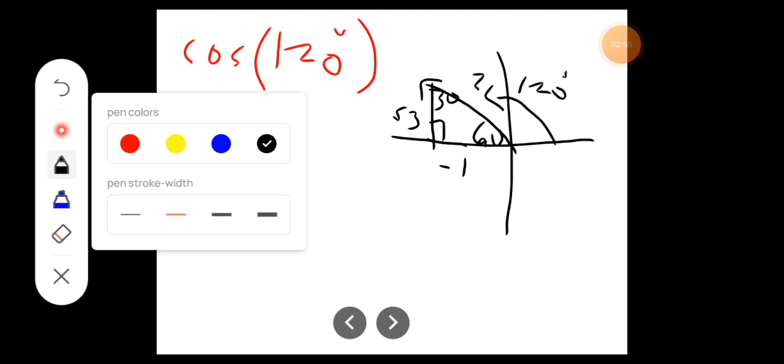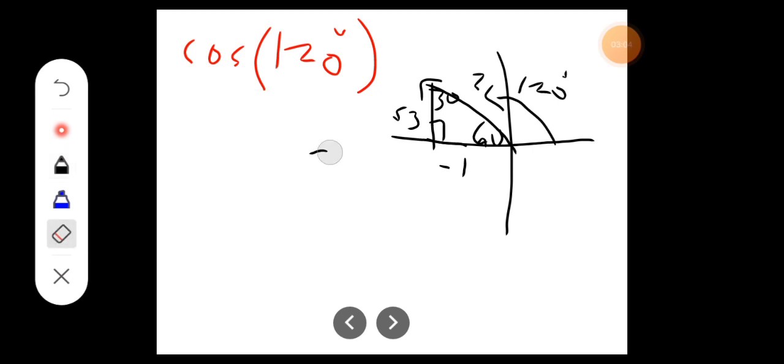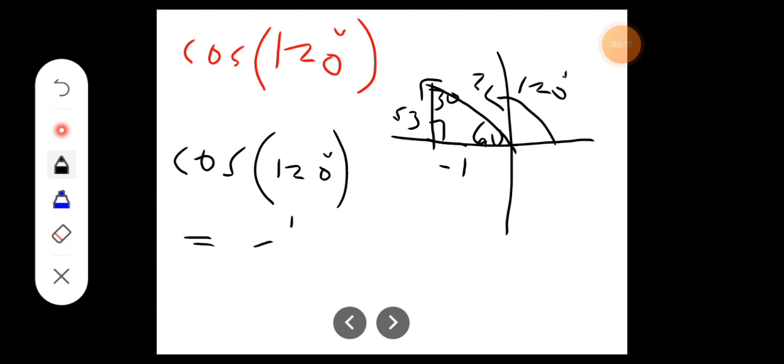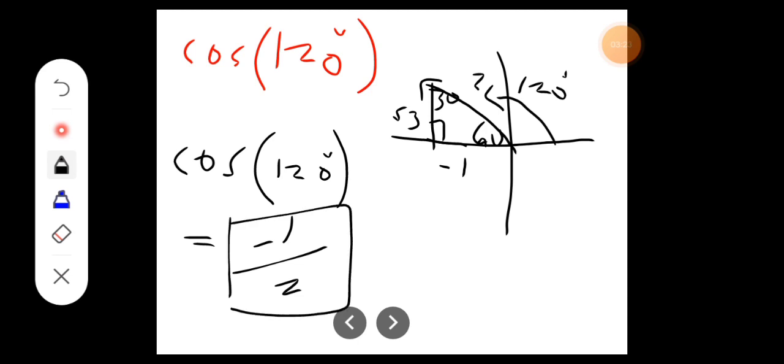It's equal to the adjacent over hypotenuse. So cosine 120 degrees is equal to adjacent, which is negative 1, over our hypotenuse, which is 2. Here is the answer.